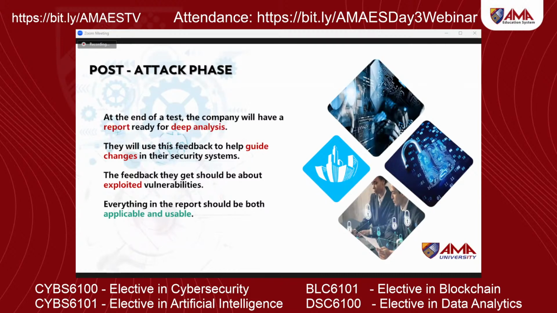Okay? So, may agreement dyan na, although nalaman nilang exploited vulnerabilities, hindi nila pwedeng i-expose yung mga confidential data ng company. So, everything in the report should be both applicable and usable.